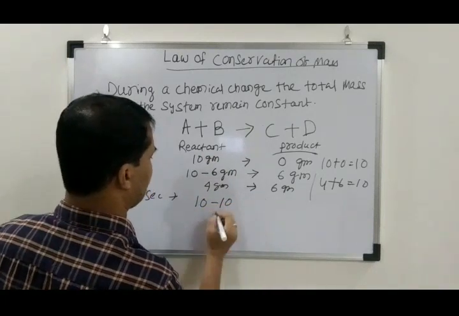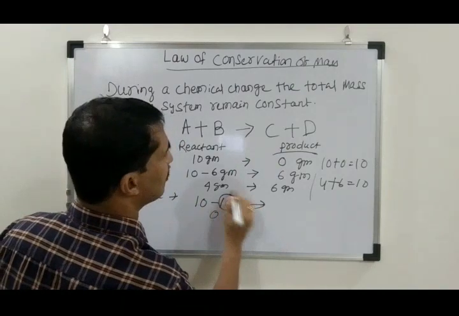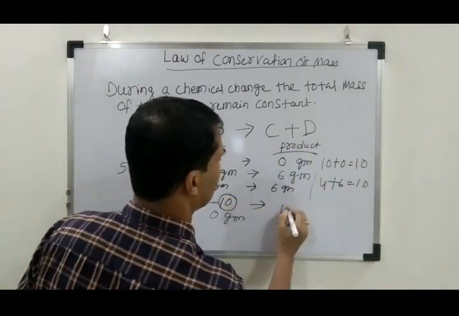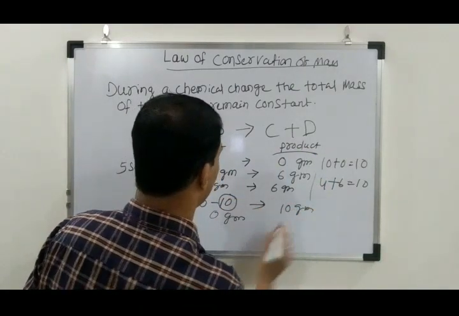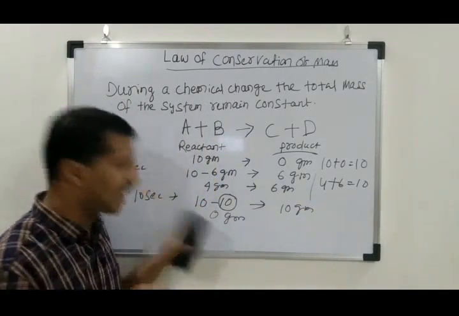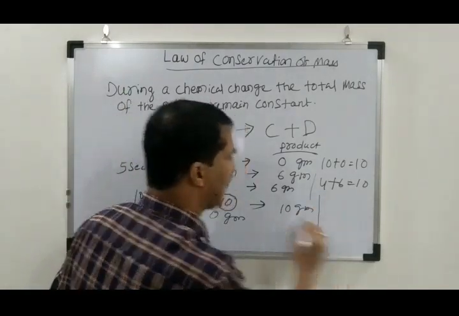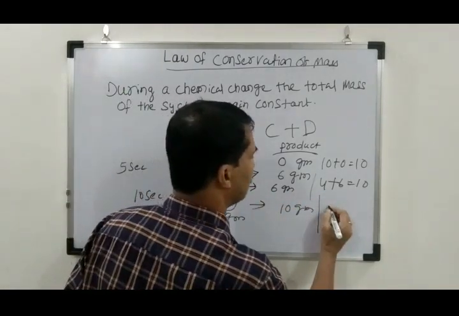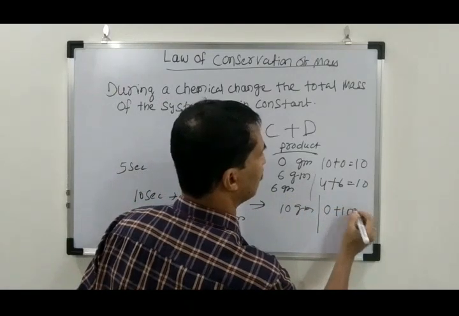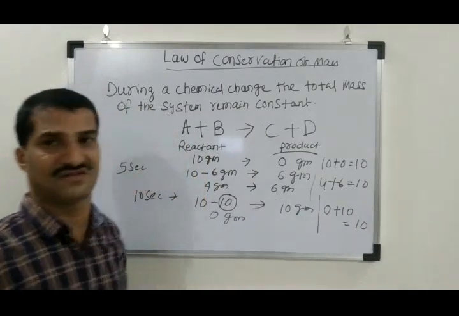So the reactant mass will be 0 gram here. Once this 10 gram is consumed, it will produce a total of 10 gram of product. So after completion of the reaction the reactant mass is 0 gram, whereas the product mass is 10 gram. Again if we add them, it is 0 plus 10 is equal to 10. Now again the total mass of the system is 10 gram.